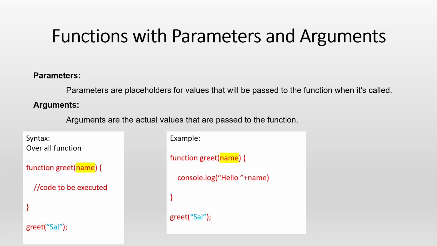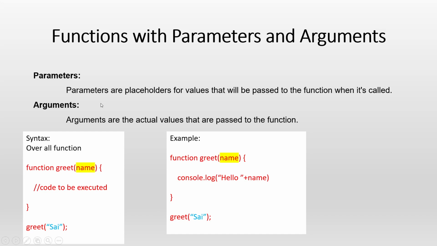As you guys can see here, whatever I highlighted in yellow color, those are all parameters. Whatever is in blue color inside the brackets at the bottom, those are called arguments.